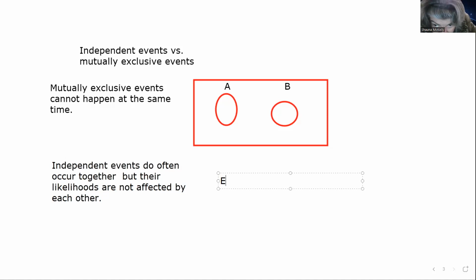Event A is going to the library. And event B is having blonde hair.